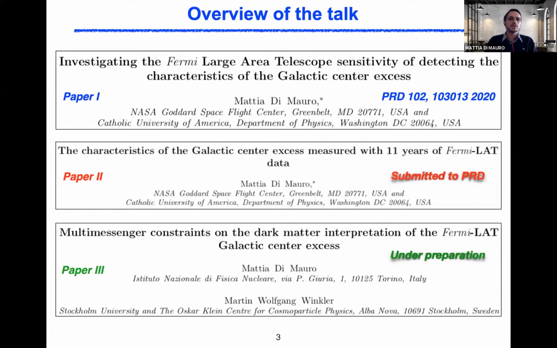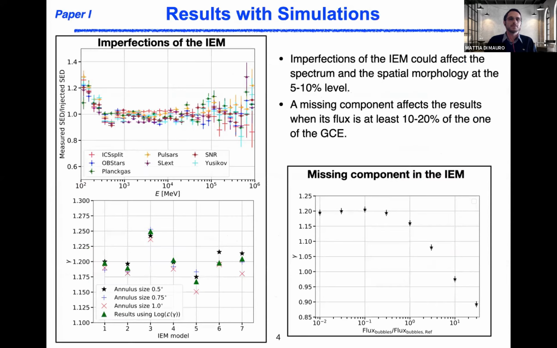In the second part, I will talk about the data analysis of 11 years of data, where we find the characteristics of the galactic center excess with very high precision, or at least with better precision than in the past for some observables. In the last part, I will talk about multi-messenger constraints for the dark matter interpretation of the galactic center excess, and I will also spend a few slides on other possible interpretations.